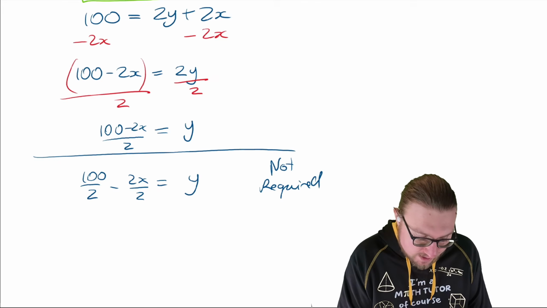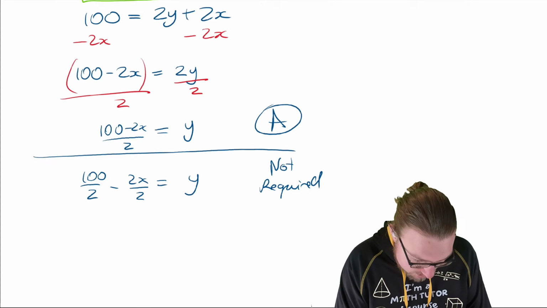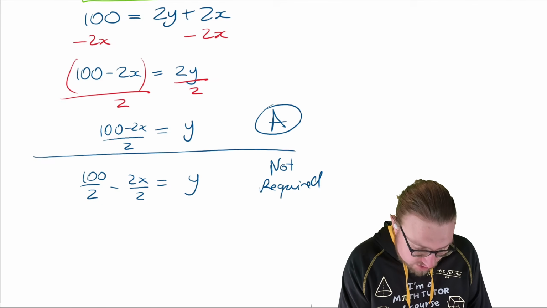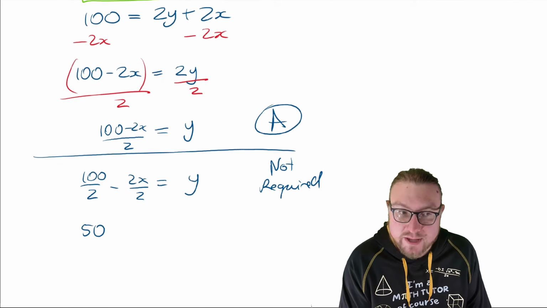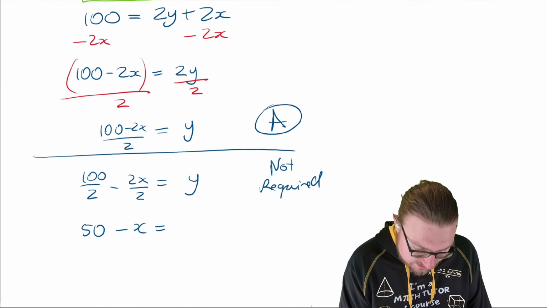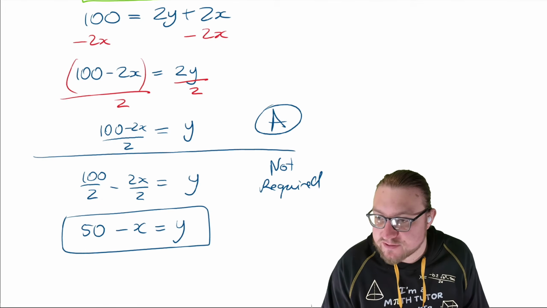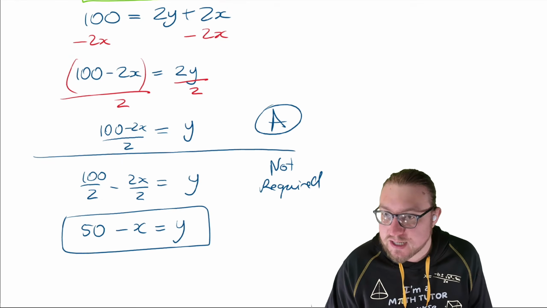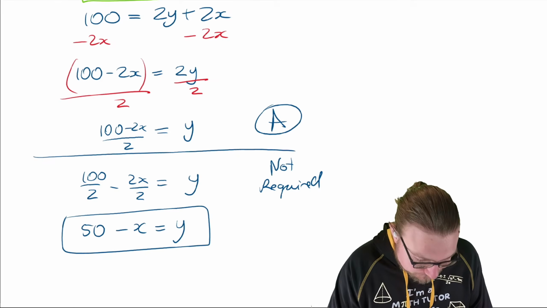You get your full mark for an achieved over here already. 100 divided by 2 would be 50, and 2x over 2, half of 2x is 1x, and we don't forget the negative, of course, and we're done. There we go. We have ourselves a very nice, simple equation for y in terms of x.